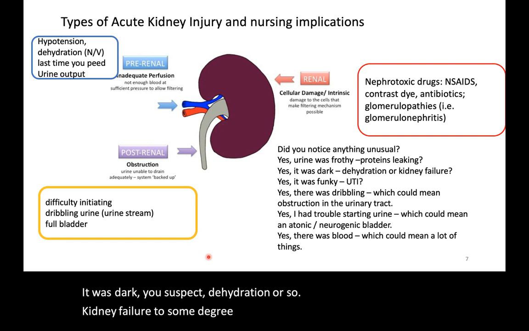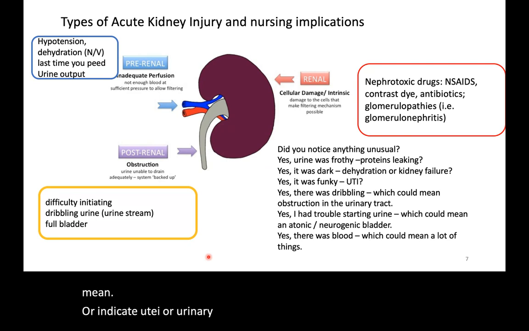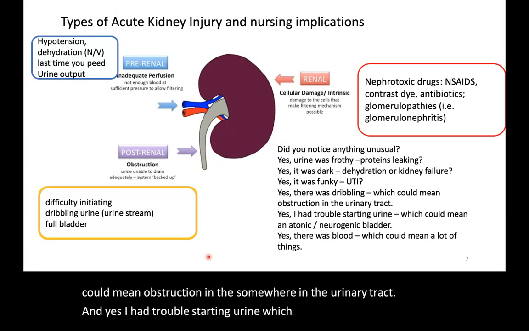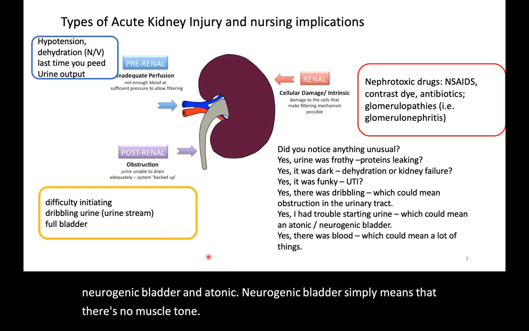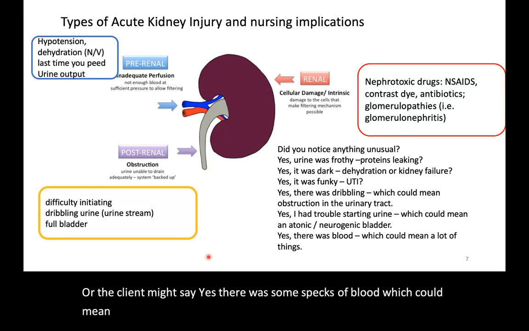Yes, it was funky smelling, which might indicate UTI, or urinary tract infection. Yes, there was dribbling, which could mean obstruction somewhere in the urinary tract. And yes, I had trouble starting urine, which could mean atonic or neurogenic bladder. Atonic neurogenic bladder simply means that there's no muscle tone. The bladder is flaccid. Or the client might say, yes, there were some specks of blood, which could mean any number of things.